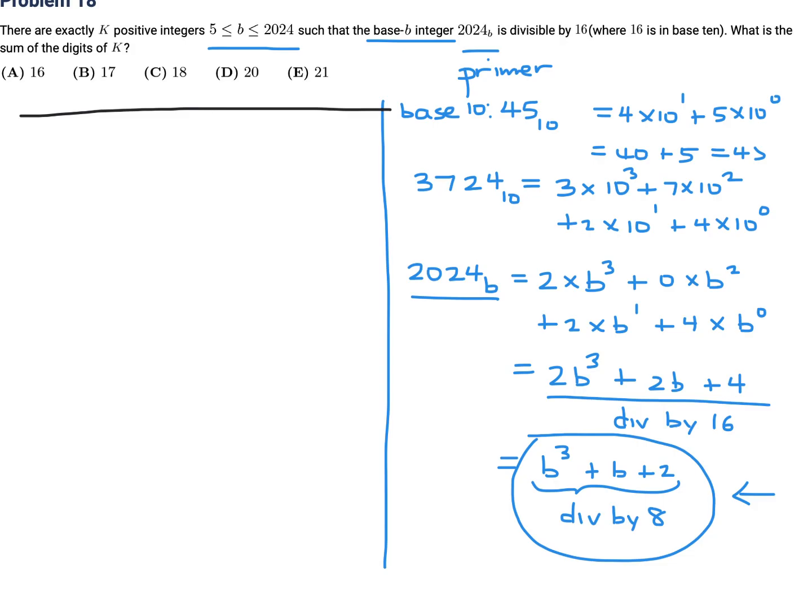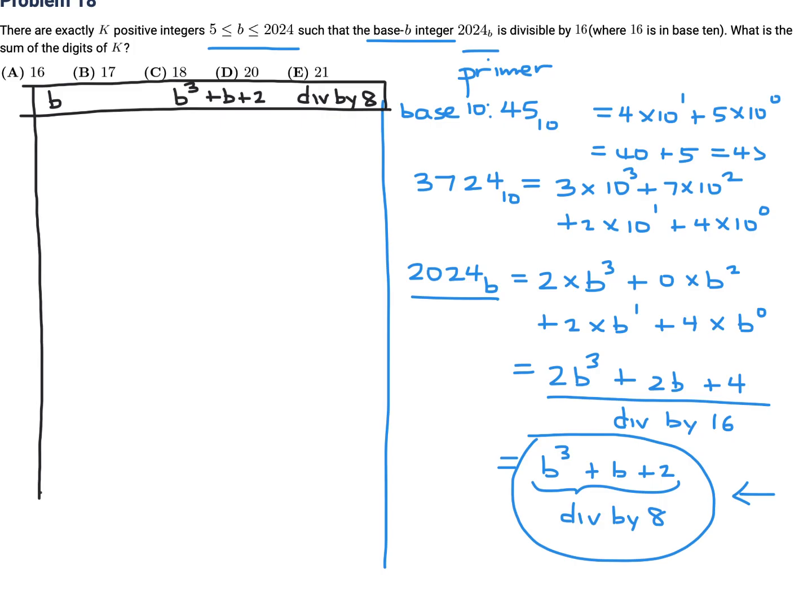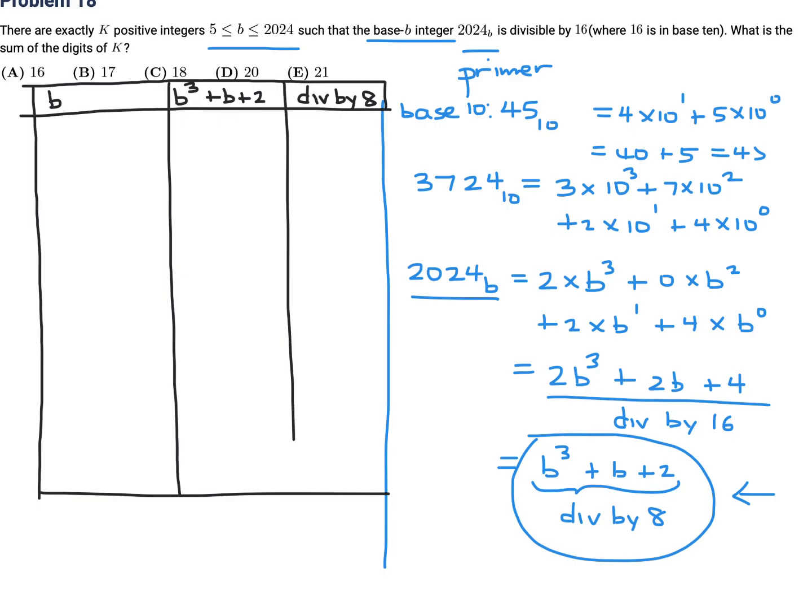Let's start with a value for b, compute b to the power of 3 plus b plus 2, and ask: is it divisible by 8, yes or no? Let's make a table like that, and hopefully we'll find a pattern sooner rather than later.